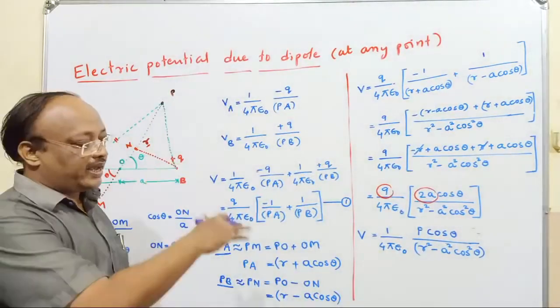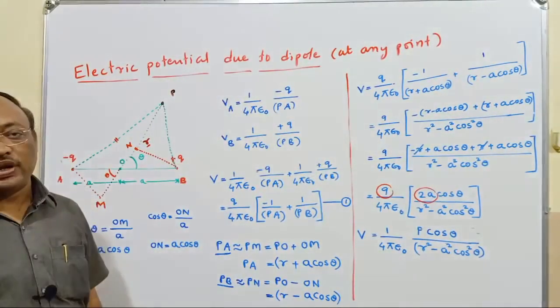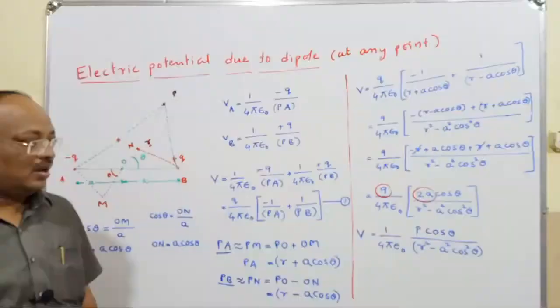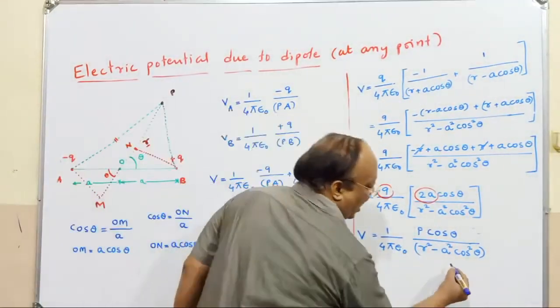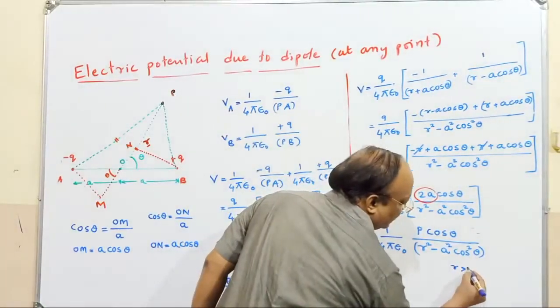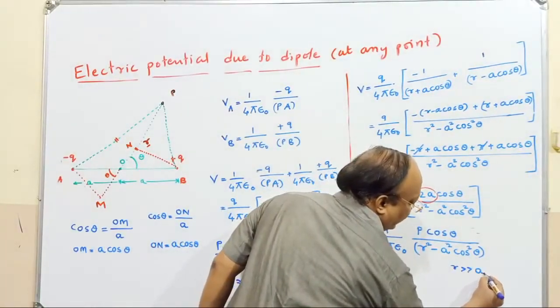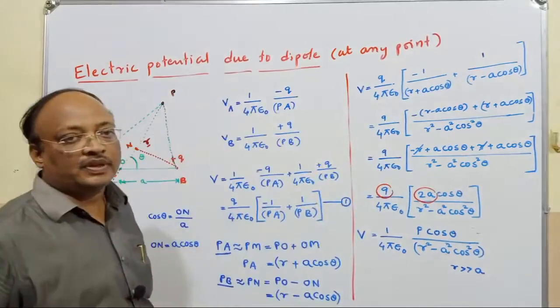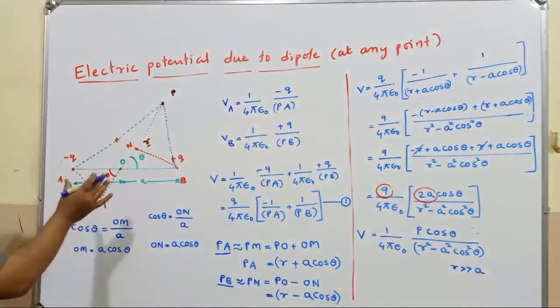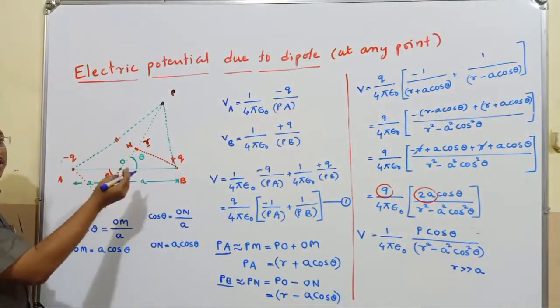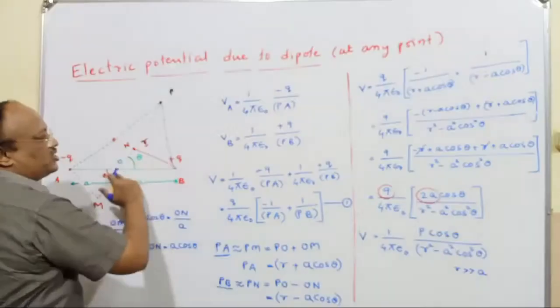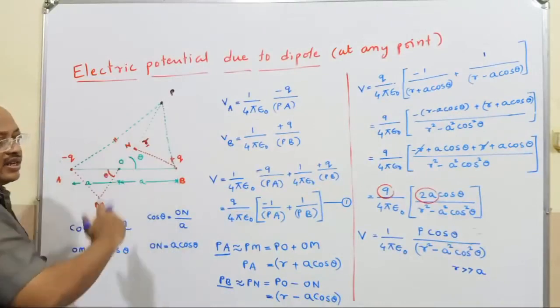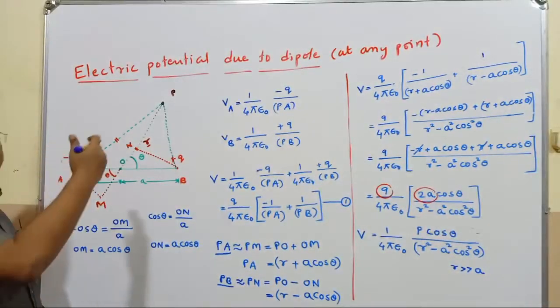So here once again we can do an approximation for an ideal dipole. What is the ideal dipole? If R is much greater than A, as I mentioned, this A value will be very small, of the order of angstrom, whereas this distance is a definite distance which is much greater than that angstrom.